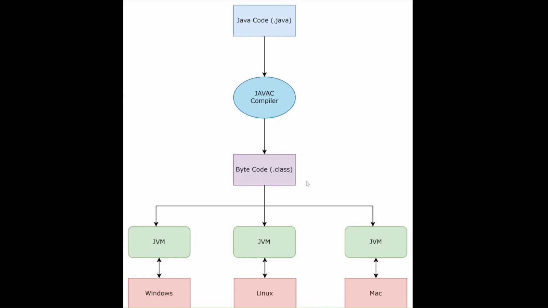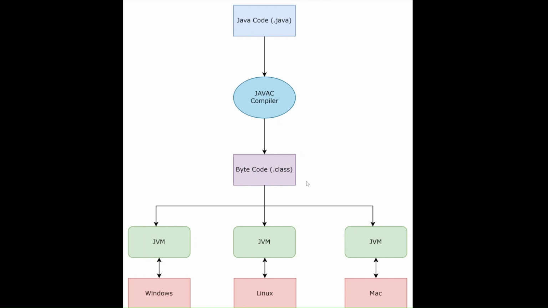And this .class file is known as bytecode, which is neither a human level language nor a computer level language. This is an intermediate language which can be interpreted by the JVM, which is the Java Virtual Machine. So depending upon the system in which you are going to execute this bytecode, that platform will have its own compatible JVM architecture.